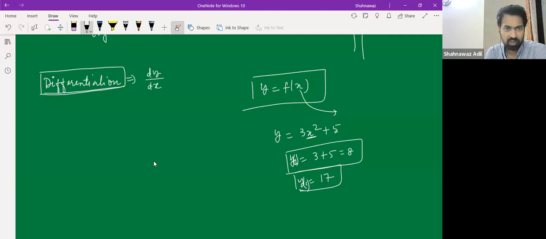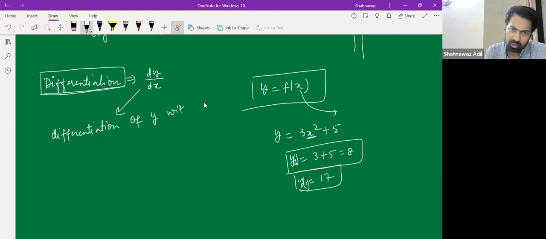This is called the differentiation of y with respect to x.